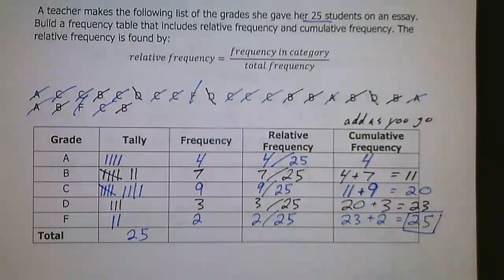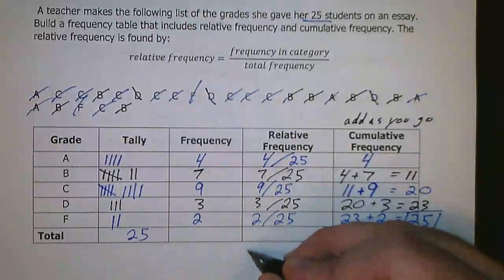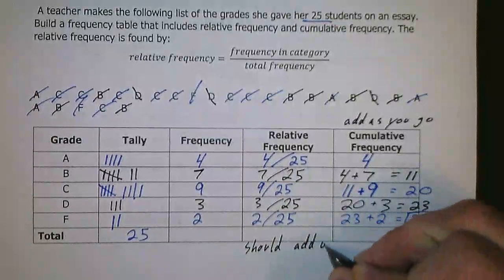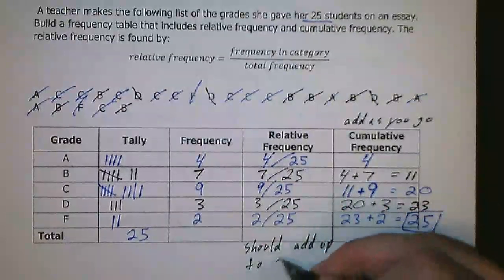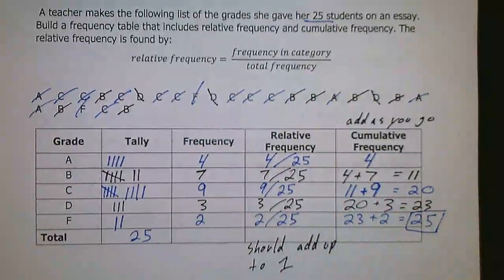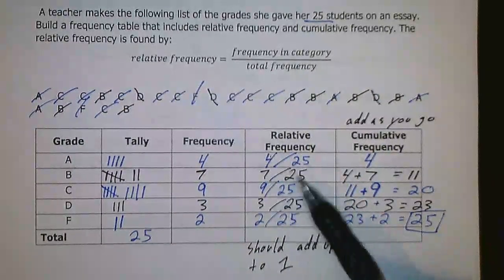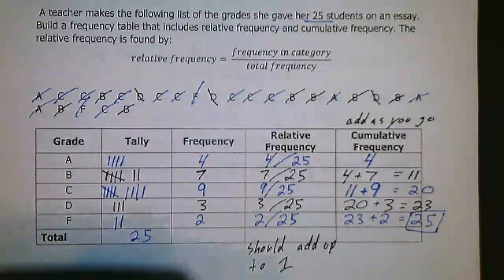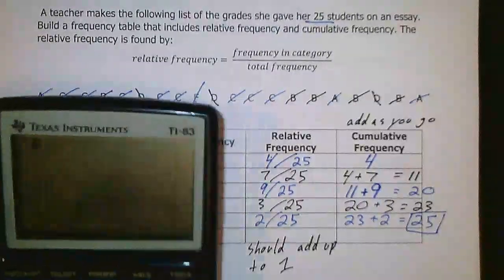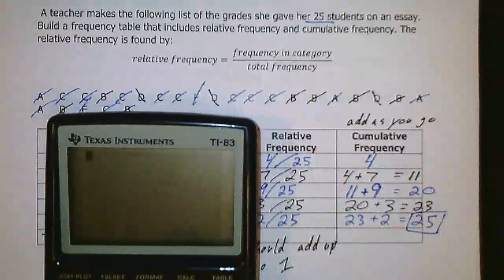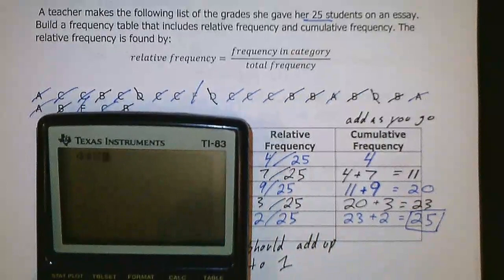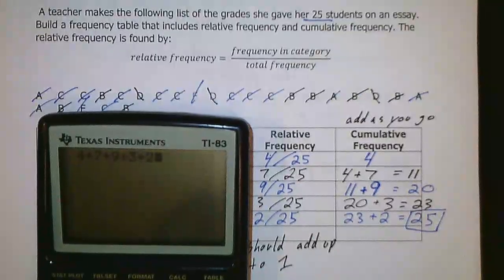Also, the relative frequency needs to add up to 1. Relative frequency should add up to 1. And if I added 4 out of 25 plus 7 out of 25 plus 9 out of 25 plus 3 out of 25 plus 2 out of 25, when I just add the numerators, we would have 4 plus 7 plus 9 plus 3 plus 2.